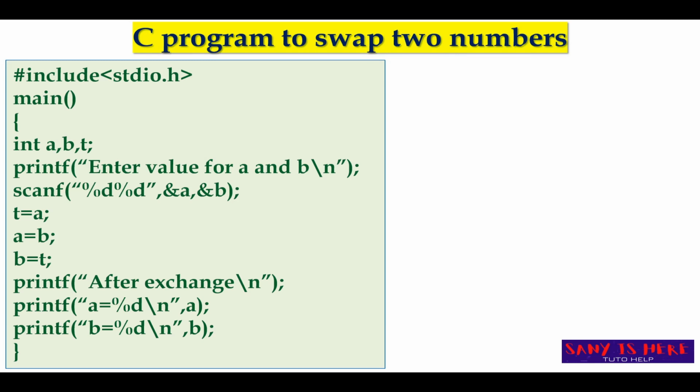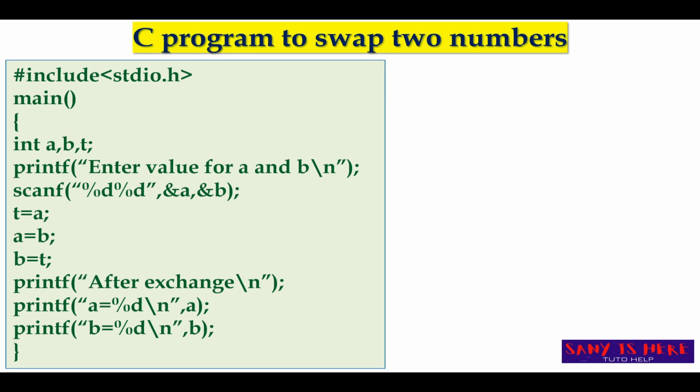Then, as you have seen, the message should appear as printf "after exchange", which means on the screen "after exchange" will be printed. And what are we printing? We are printing again the A and B values.